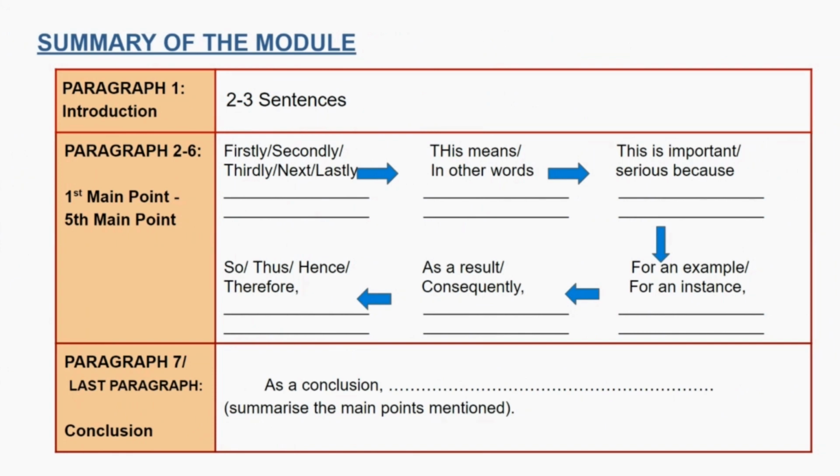Summary of the module, or summary of this lesson. Paragraph 1, introduction, 2 to 3 sentences. Do not spend too much time here. Paragraph 2 to 6, first main point to fifth main point. 6 sentences in each paragraph.